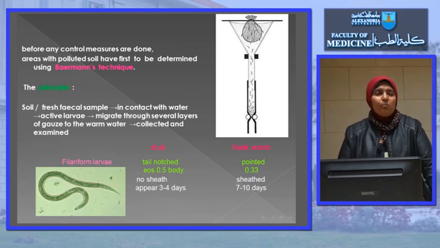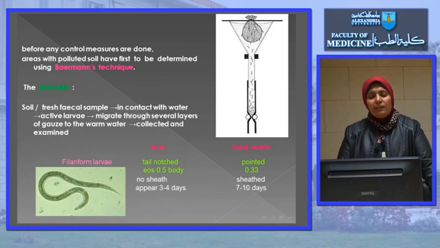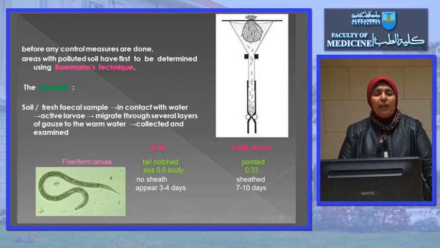Because the rhabditiform larvae of Strongyloides stercoralis are exactly similar to those of hookworm larvae, which you will take next lecture. But the filariform larvae of both worms are a bit different. That's why we take the rhabditiform larvae, transfer them to the lab, and leave them to develop.